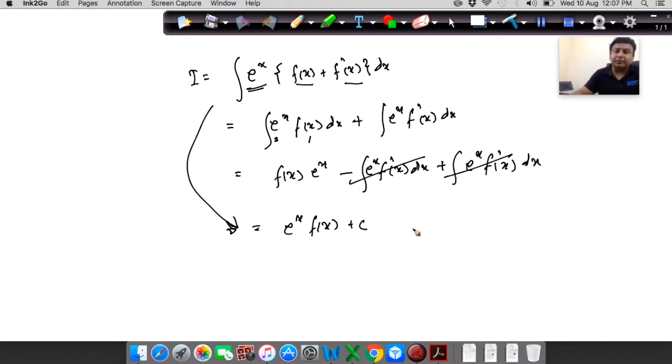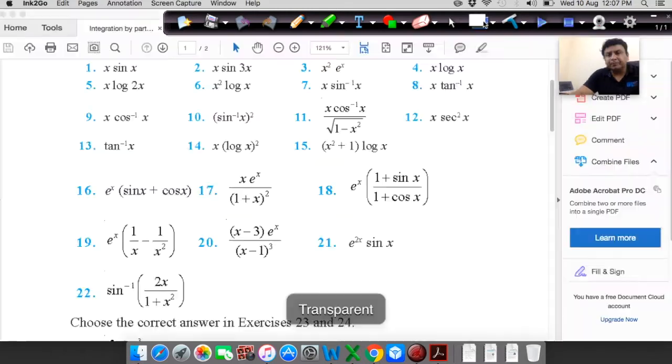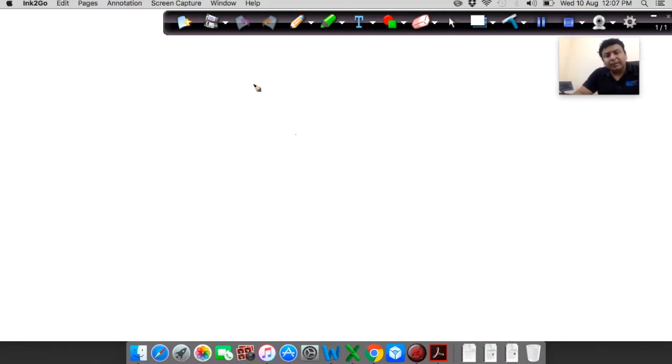Like for example, say I have e to the power x times x square plus 2x. Answer is e to the power x into x square plus c directly.